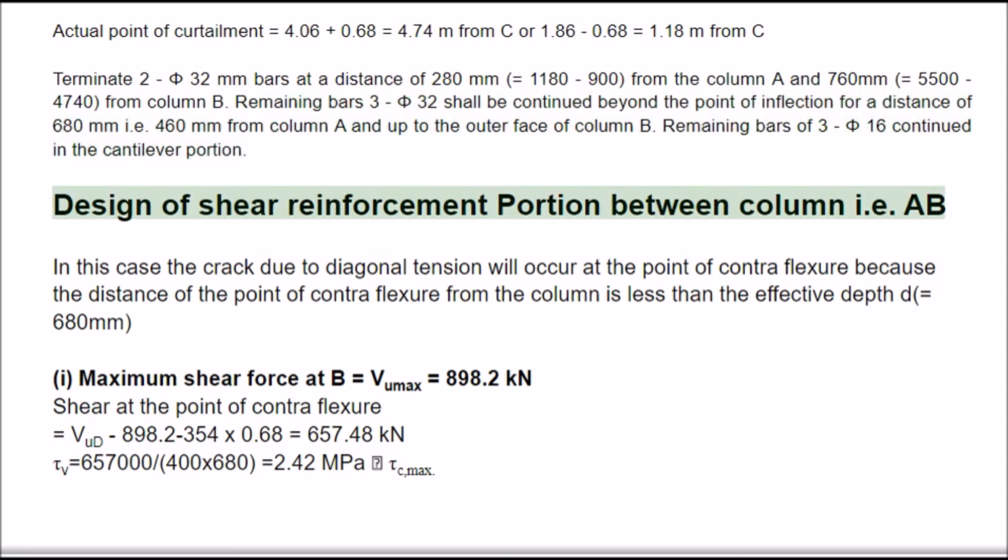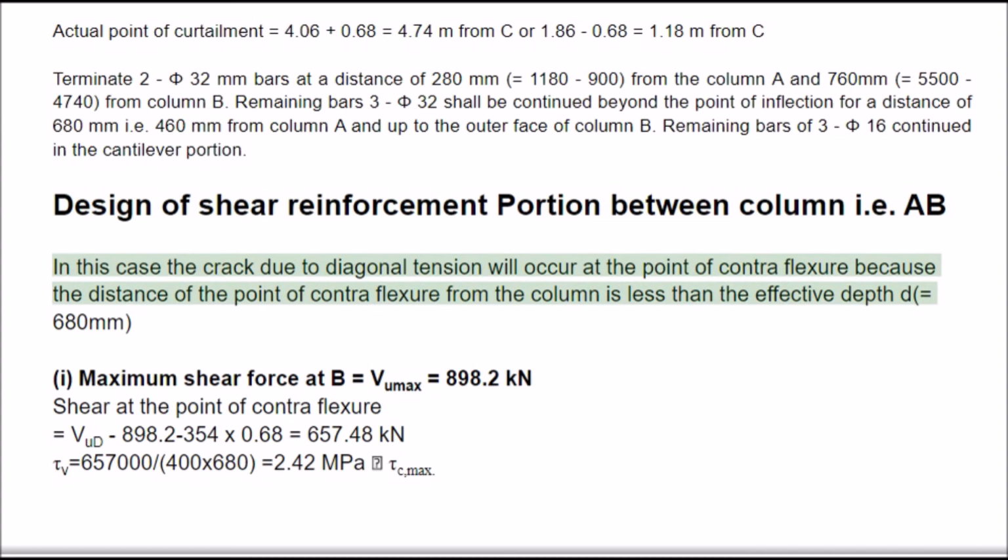Design of shear reinforcement, portion between columns A and B. In this case, the crack due to diagonal tension will occur at the point of contraflexure because the distance of the point of contraflexure from the column is less than the effective depth d, equals 680 millimeters. 1.